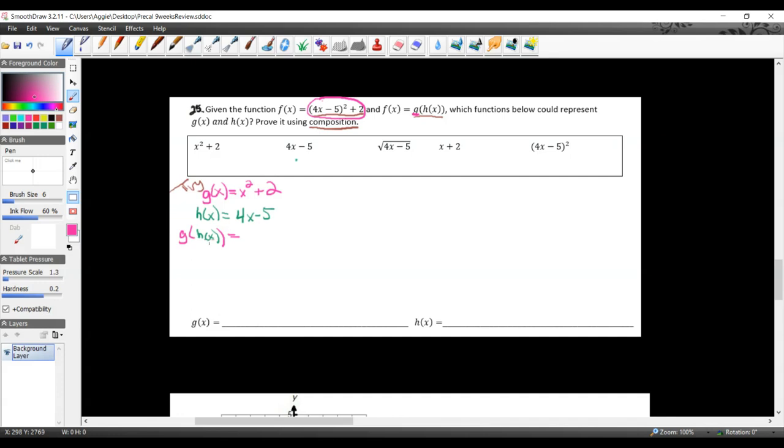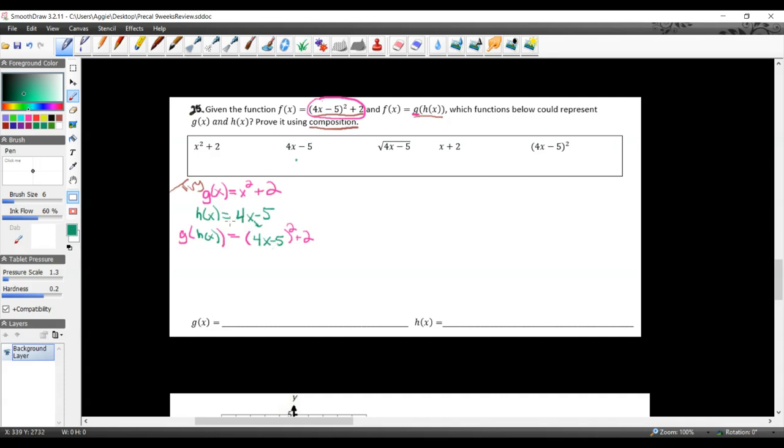So g of h of x would start with a parentheses squared, plus 2. Now inside that parentheses, I'm going to put h of x, all of this, so 4x minus 5. And if I look, this is exactly what I wanted.